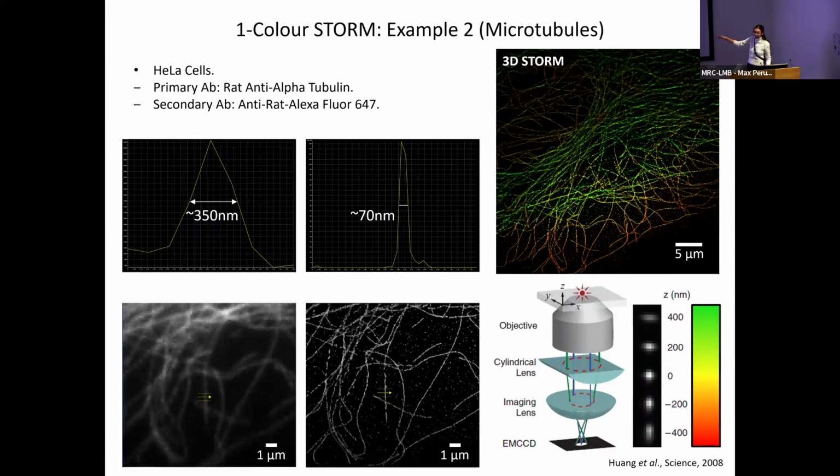Because of this, you're able to see those deformations in your image, and you can identify if, for example, fibers are above or below each other. So you have information about the Z based on those aberrations that you introduce in your image.